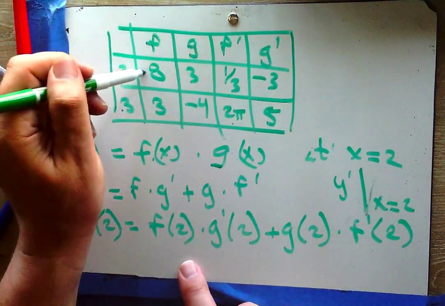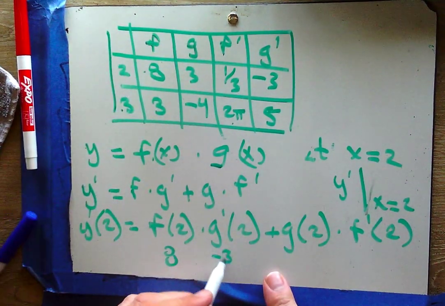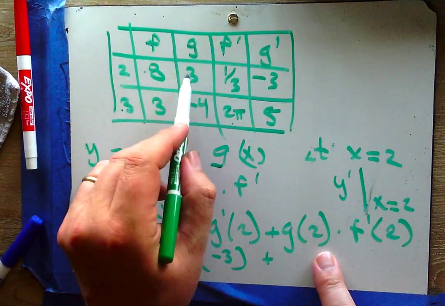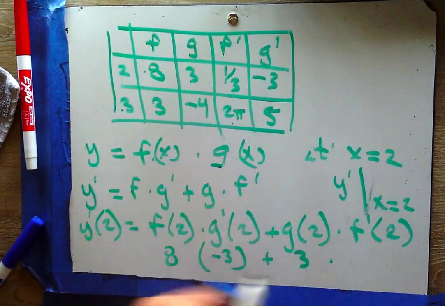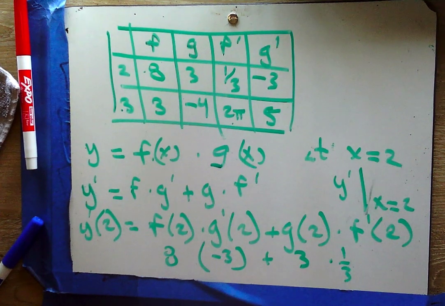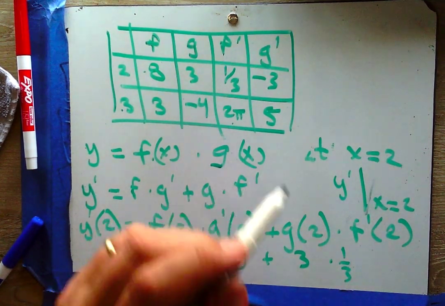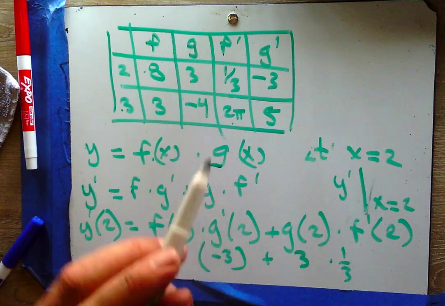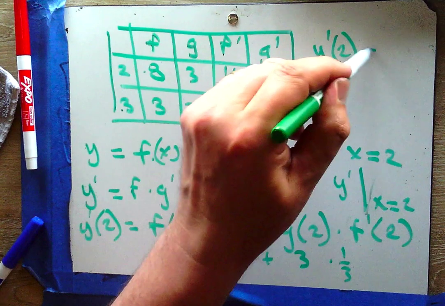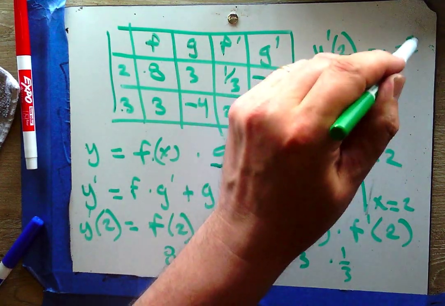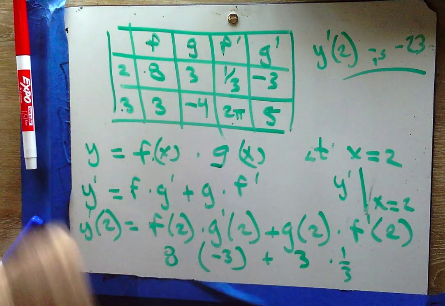Okay, f of 2 is 8, g prime of 2 is -3, g of 2 is 3, f prime of 2 is 1/3. So -24 plus 1 is going to be -23. So I'm saying y prime of 2 is -23. Yay.